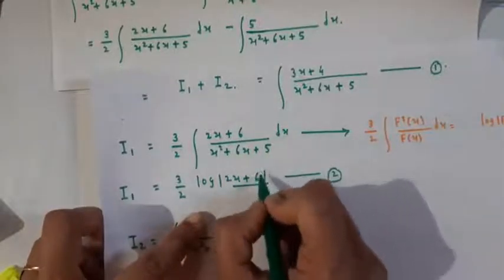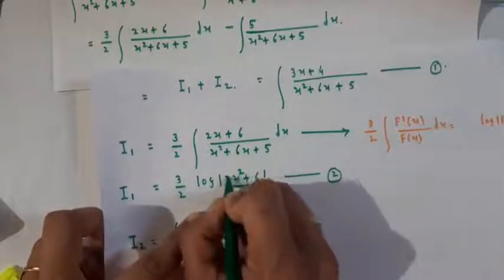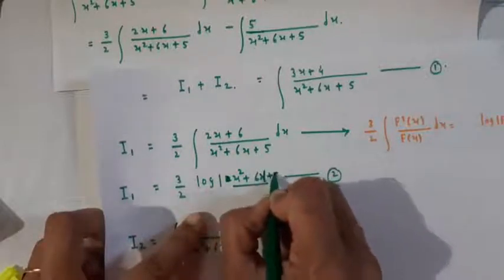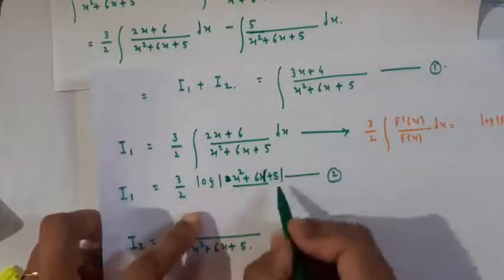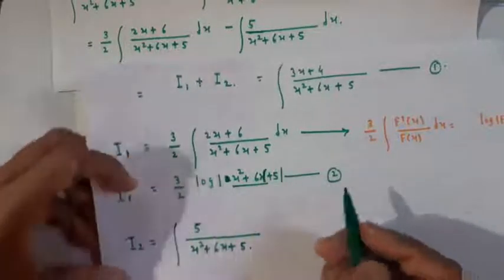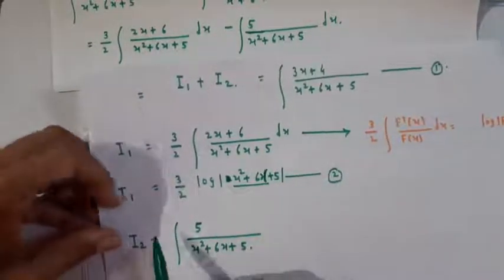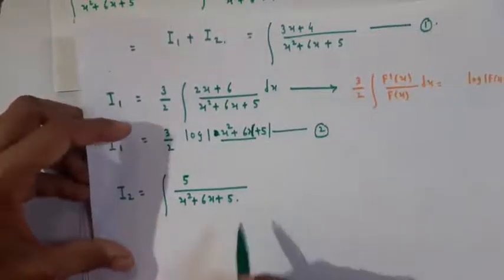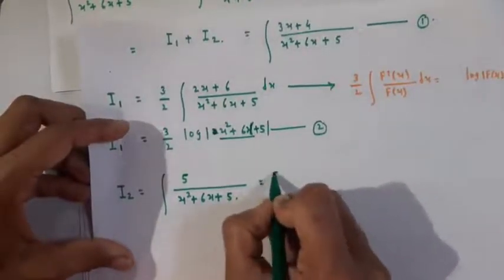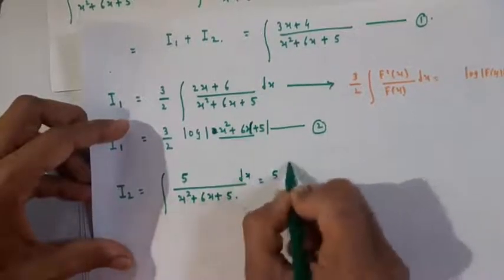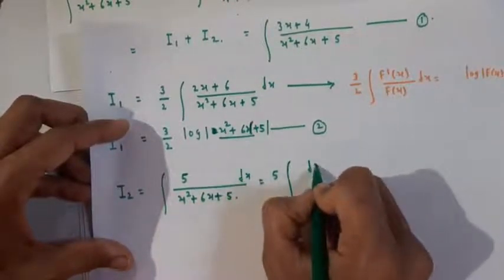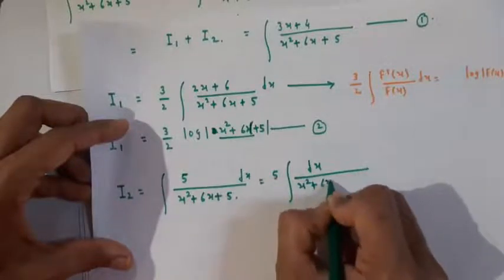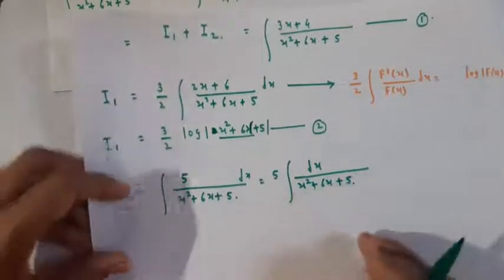Please correct this, students. Now the second integral is 5 upon x square plus 6x plus 5. Suppose 5 as a constant, take it outside: the integration of 1 upon (x square plus 6x plus 5) with respect to x.